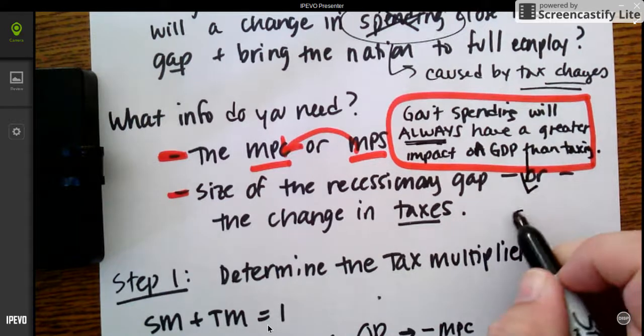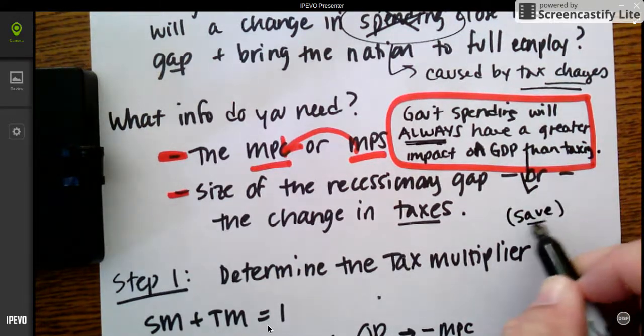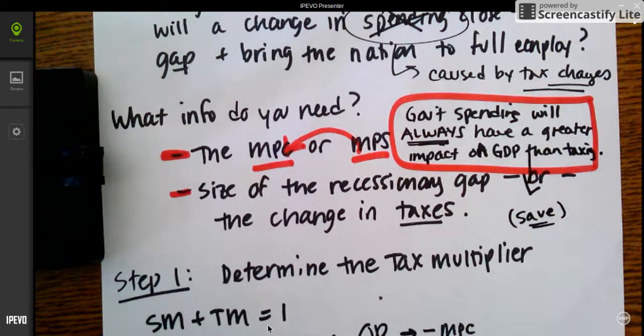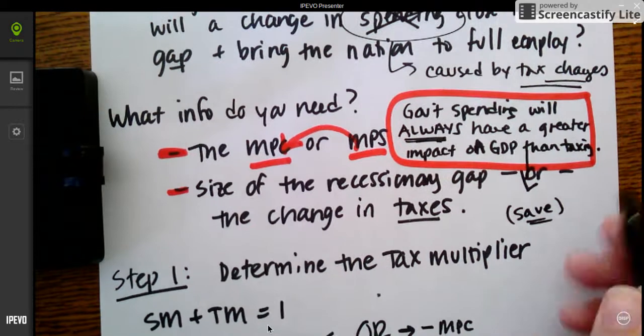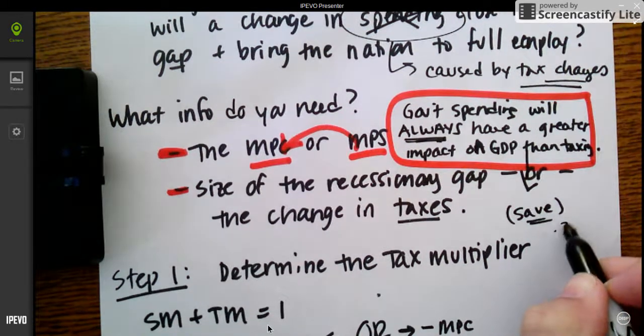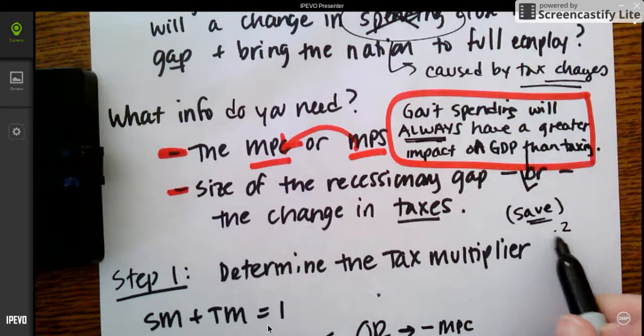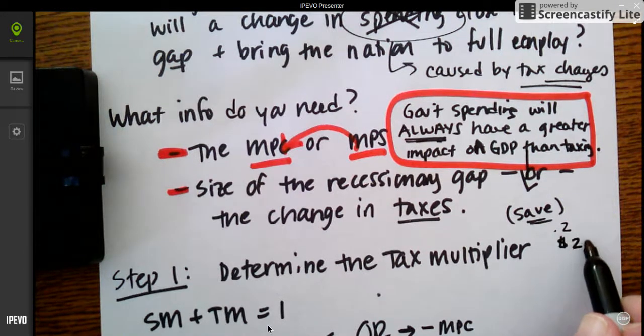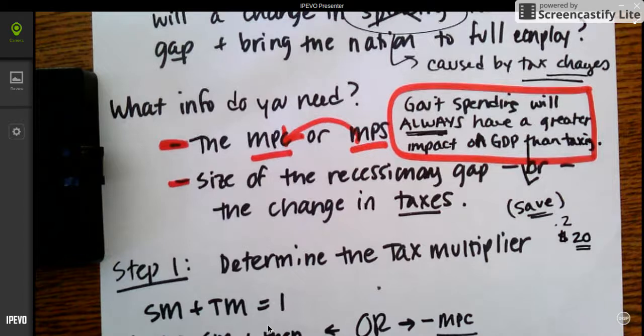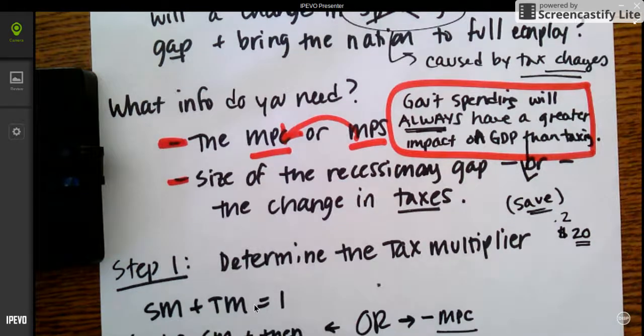Because people save part of their disposable income. So if I got a tax cut and I was now making $100 more a check, and I lived in an economy where the marginal propensity to save was 0.2, I would be saving about $20 of that newfound $100 in my income. And that $20 would not be multiplied in the economy.